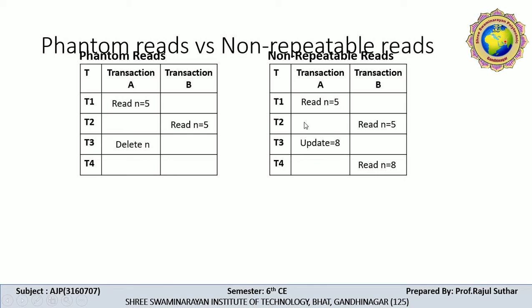In this case, we are performing the delete n. The third transaction is delete n. So read n by transaction B, while transaction A deletes the n, and transaction B will then perform the read n.